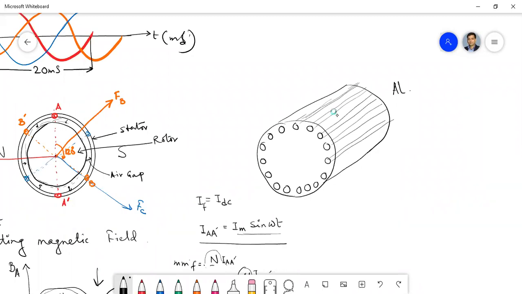Okay, so that is the structure, and the rest of the thing is made up of iron. Clear? These are to reduce the cost.